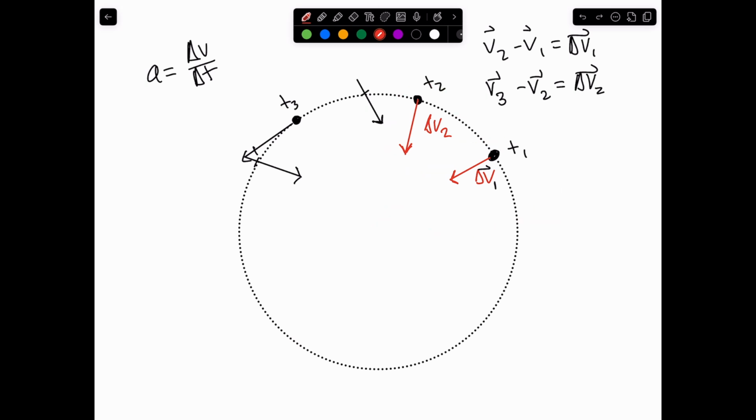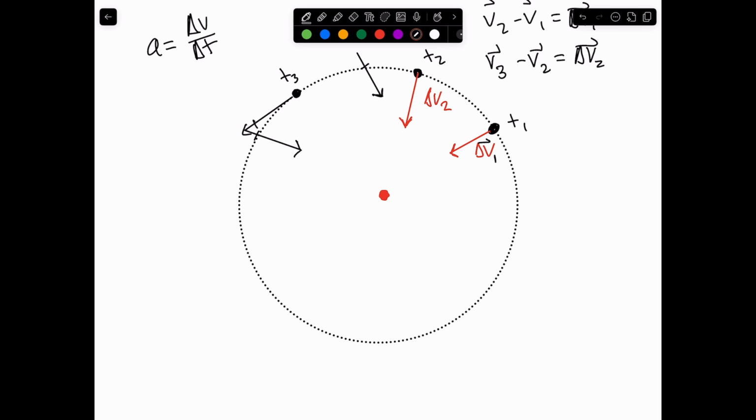Is there anything about these two vectors that strikes you? If you said that both of those vectors are pointing to the middle of the circular path, you get a cookie or something, because that was a very good observation. So what can this tell us about acceleration during uniform circular motion?